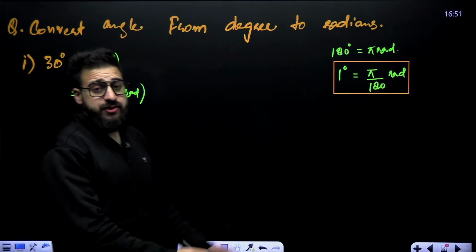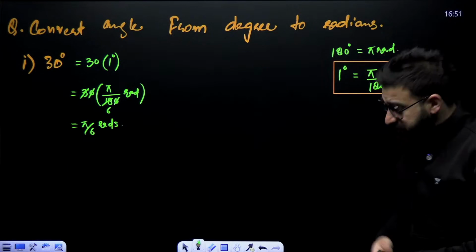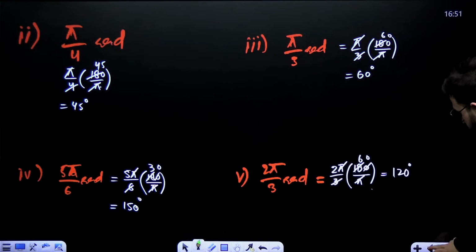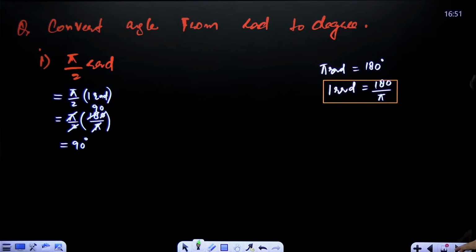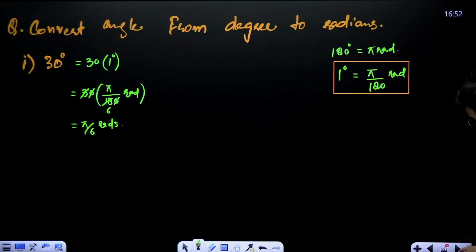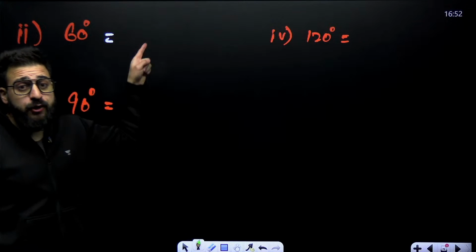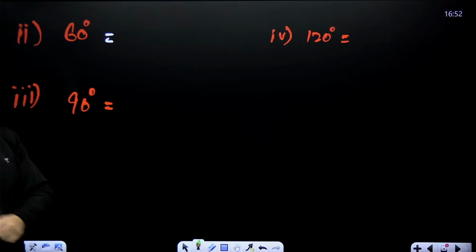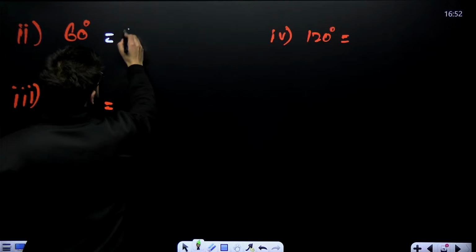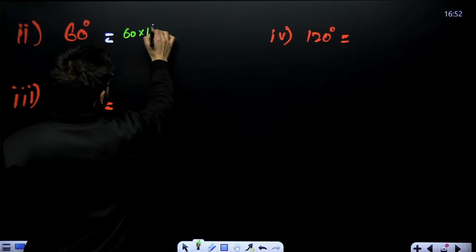So, in this case, you need to remember this. Let's suppose, we'll take one more example. I would want you guys to do it and let me know the answer of this question in the chat. 60 degrees. Can I write this as 60 multiplied by 1 degree?